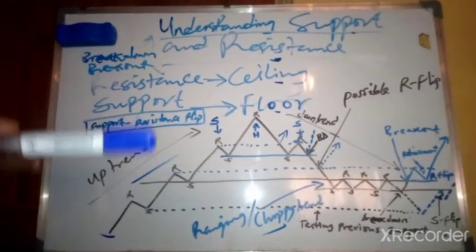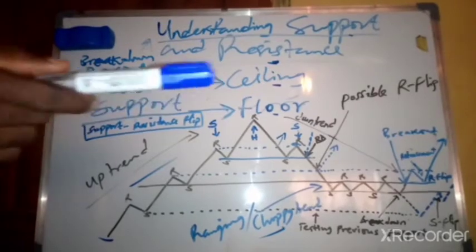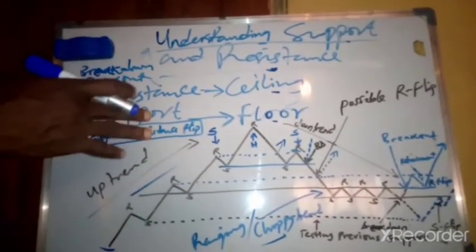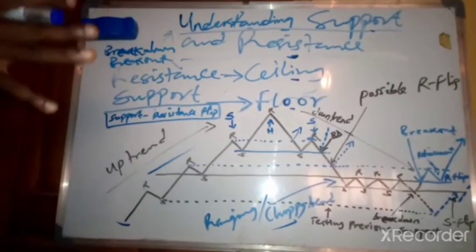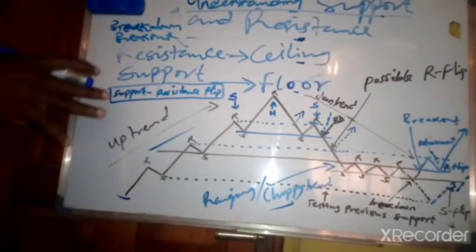And another thing you need to look at is drawing trend lines. And it is good you view your chart on a larger screen, or you try to compress it so that you can view the whole chart.